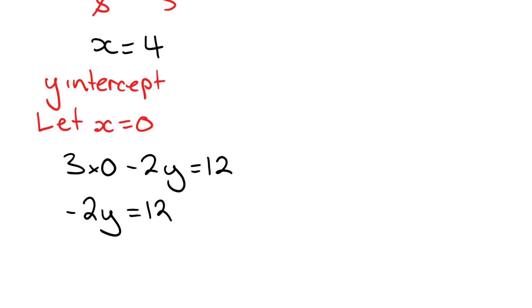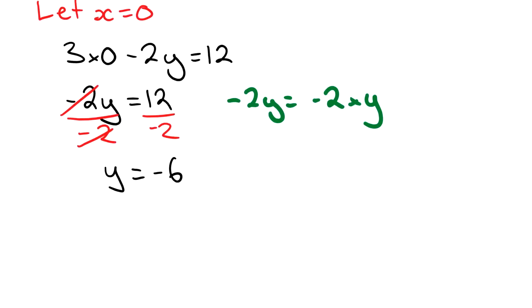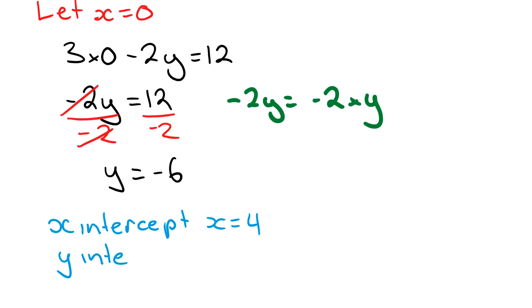Again, negative 2y is the same as negative 2 times y, so we divide both sides by negative 2. Those cancel out, and we're left with y equals 12 divided by negative 2, which is negative 6. So I have an x-intercept when x equals 4, and my y-intercept is when y equals negative 6.